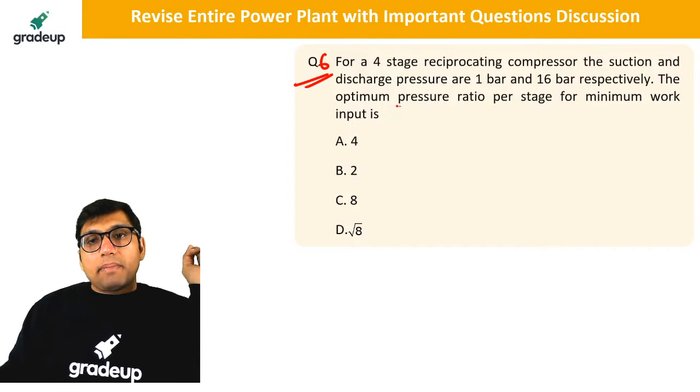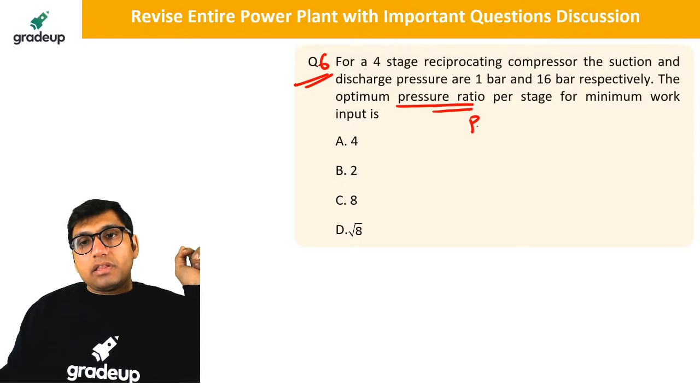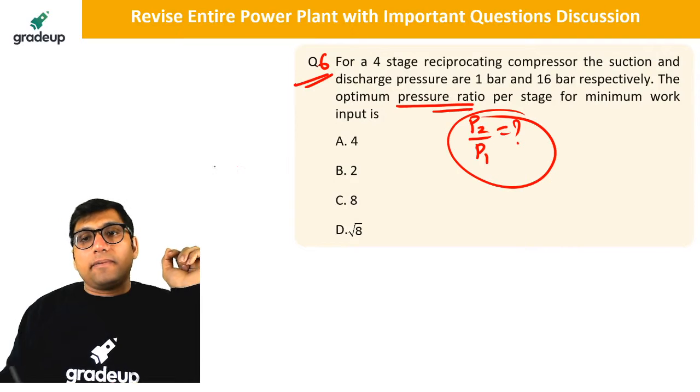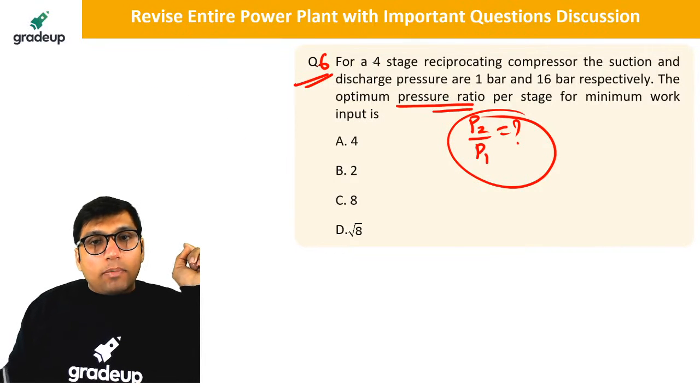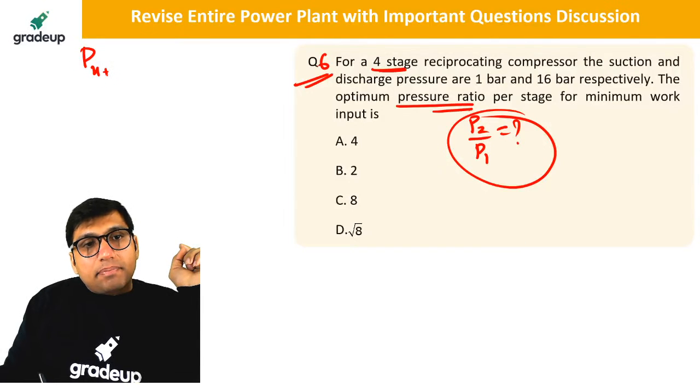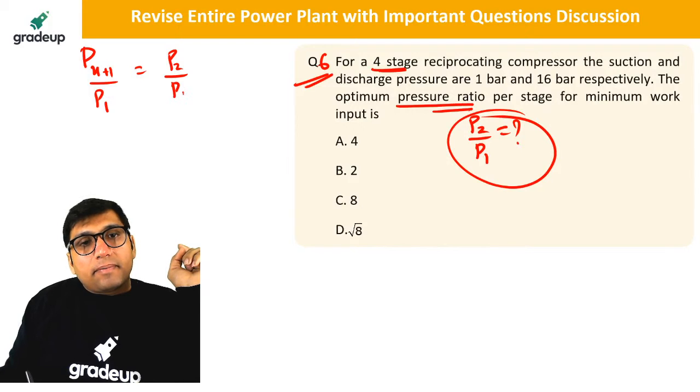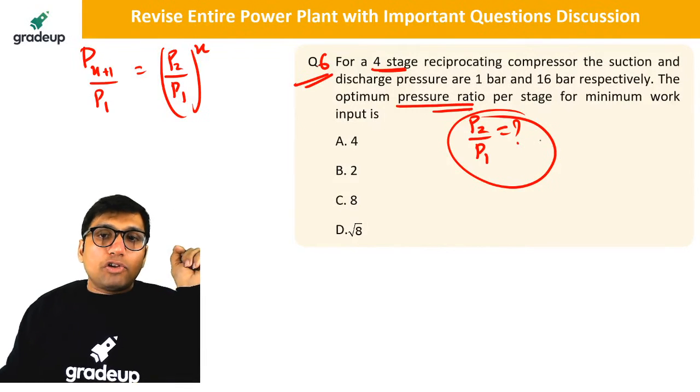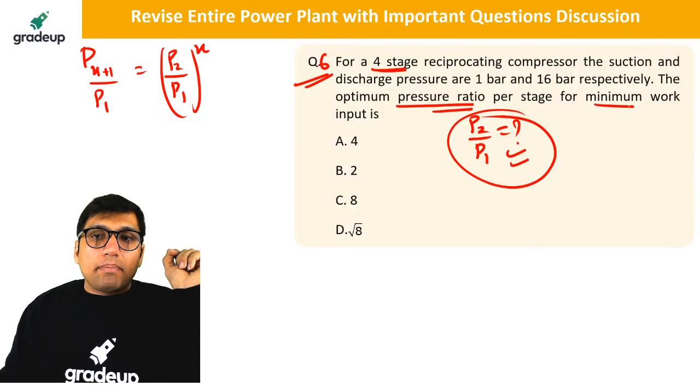What is the meaning of optimum pressure ratio? Optimum pressure ratio means P2 by P1, it is asking. You have to find the optimum pressure ratio for 4 stages. I told you a direct formula: P(x+1) divided by P1 is equal to (P2 by P1) to the power 1 over x. In this question, you have to find the optimum pressure ratio for minimum work.